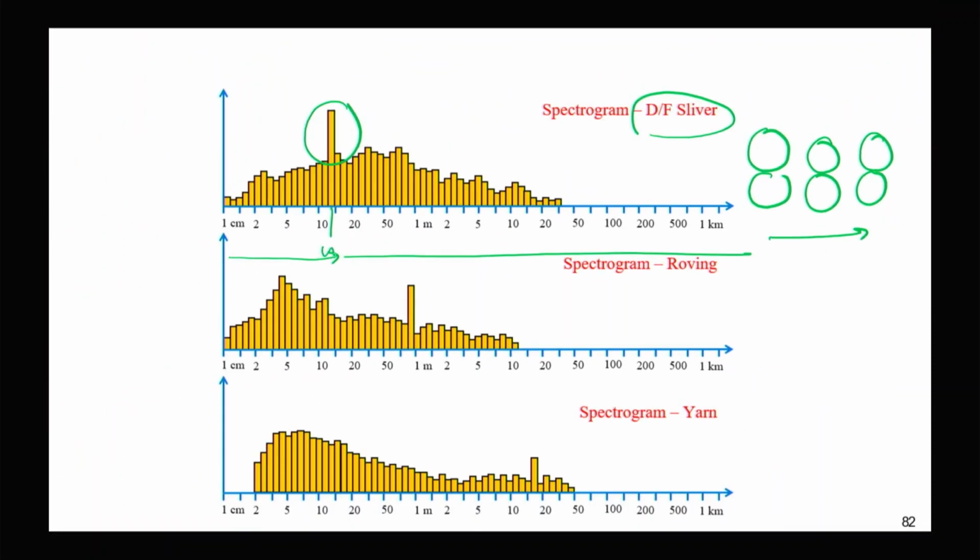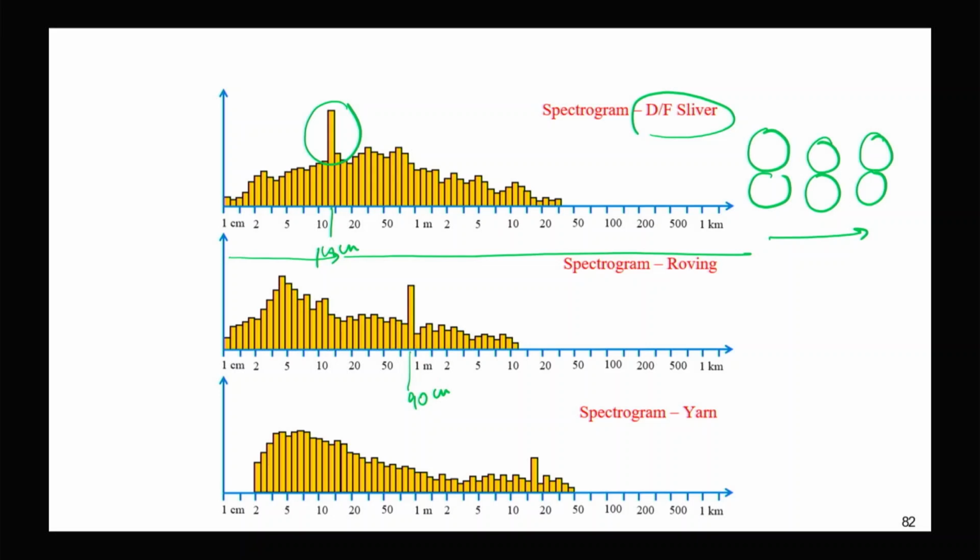This is 14 centimeter. Now when we stretch it in the roving frame, we have observed typically it's, say, 90 centimeter.